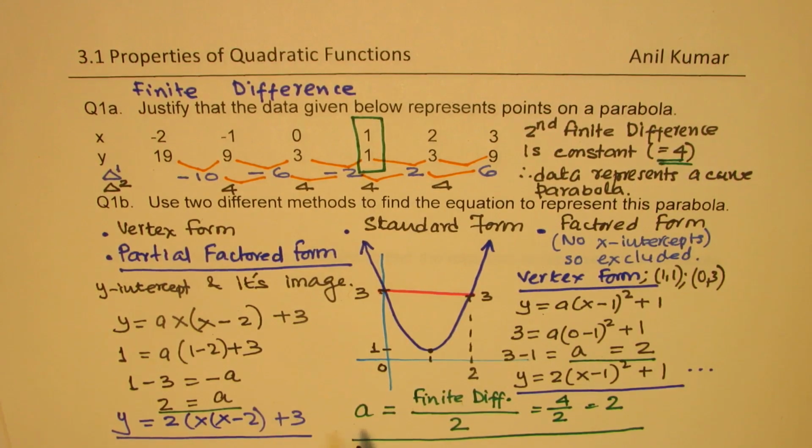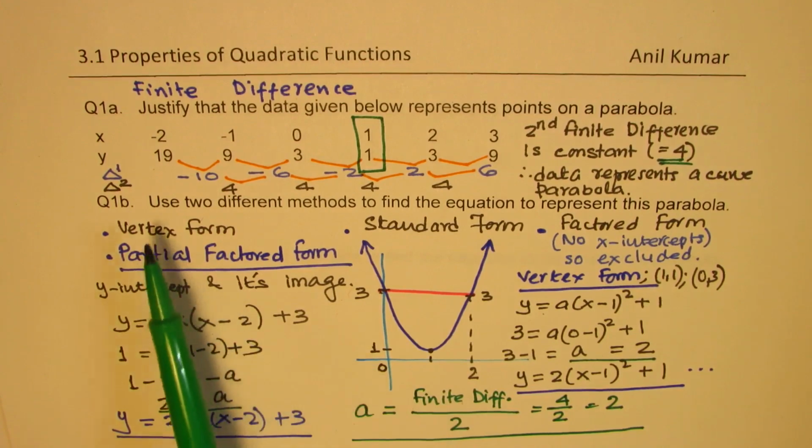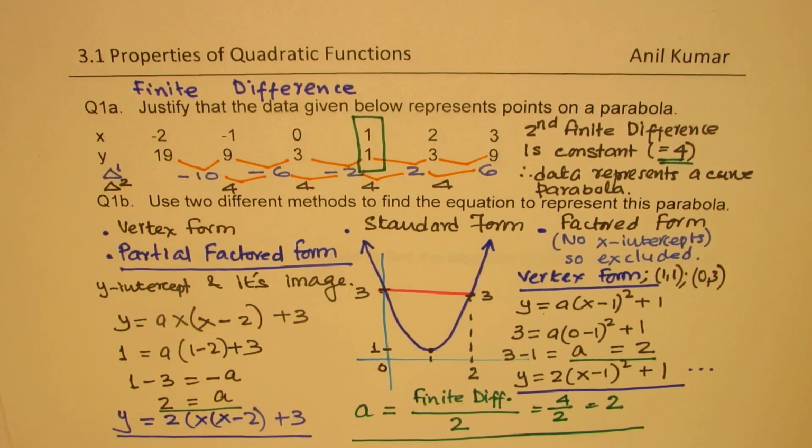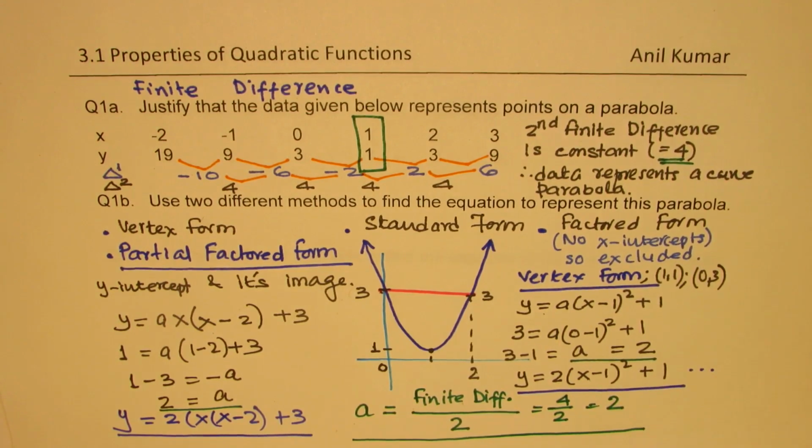Perfect? Now we are going to use this concept, and I'll provide you the standard form from this data on the next page. I hope that makes things very clear. Take it as a review of what you had learned about quadratic functions.